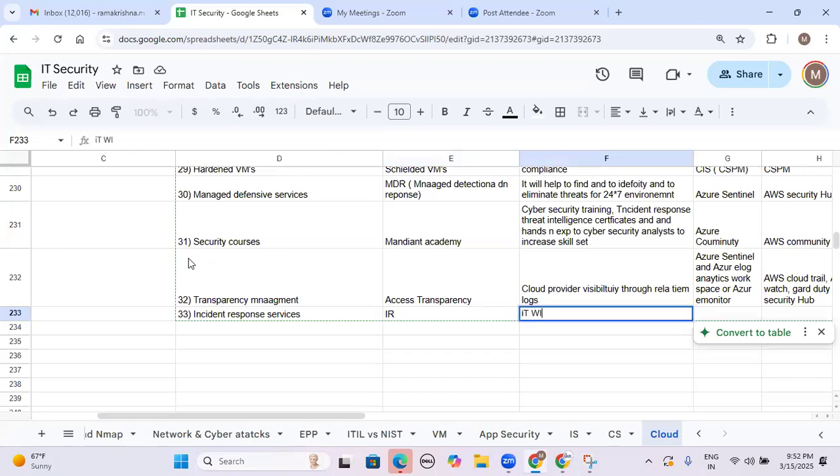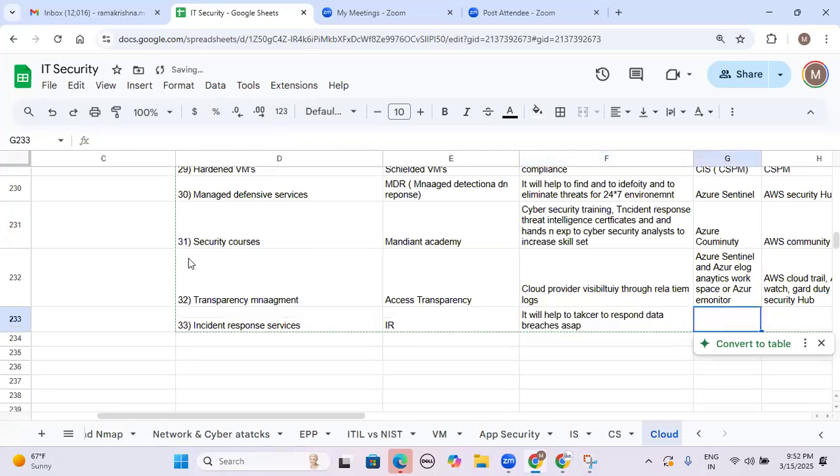It will help to tackle or respond to data breaches as soon as possible.